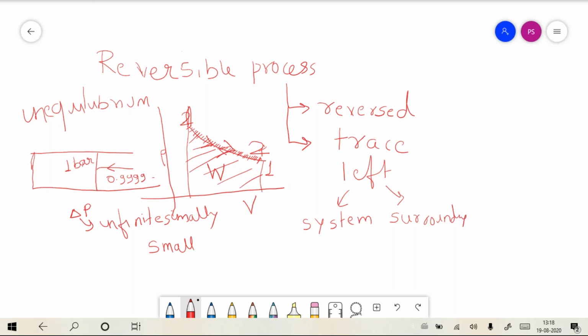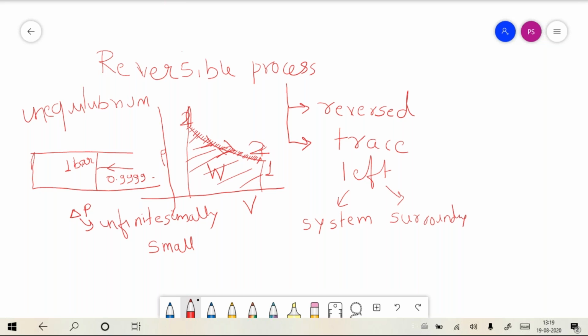The volume is increasing. So if you are moving from 1 to 2, from a higher pressure to a lower pressure, that is an expansion work, and in such a manner that all the states between 1 and 2 are in, rather near, thermodynamic equilibrium, and the process is quasi-static.